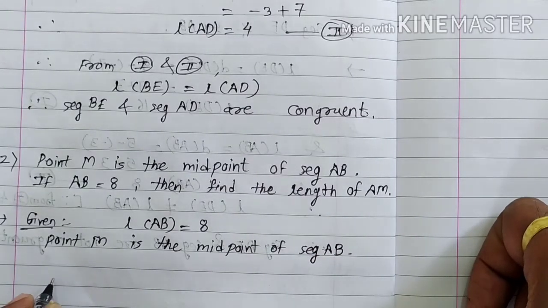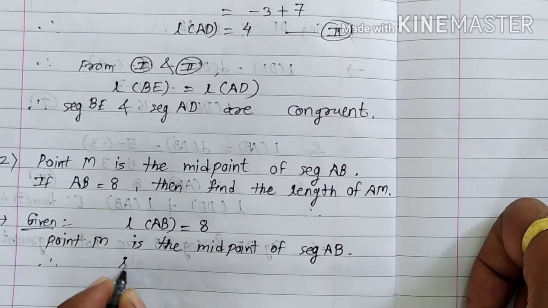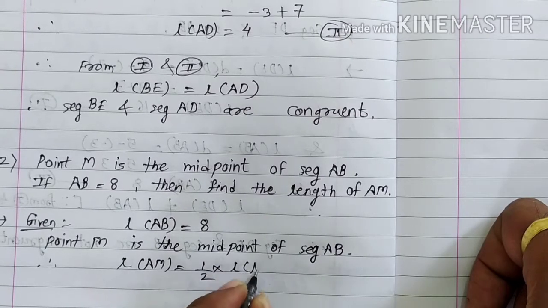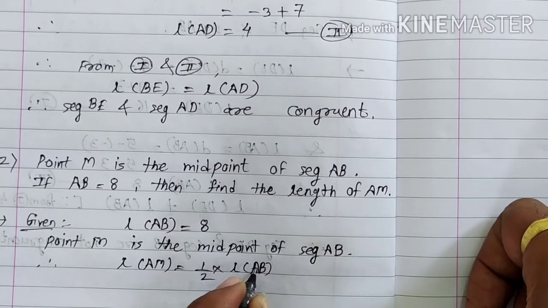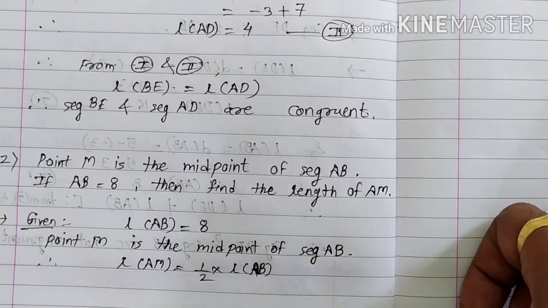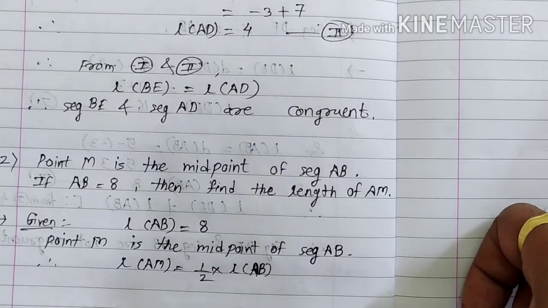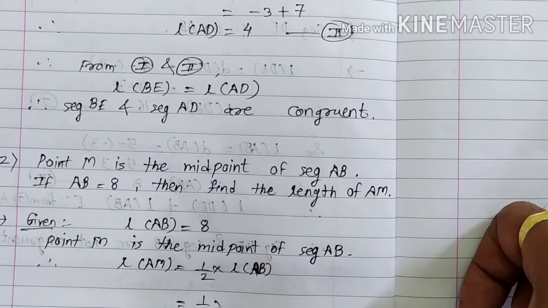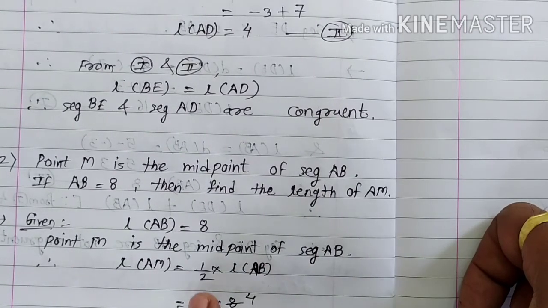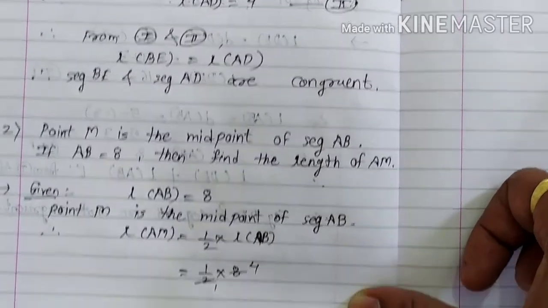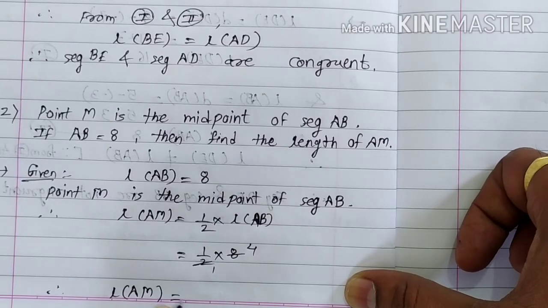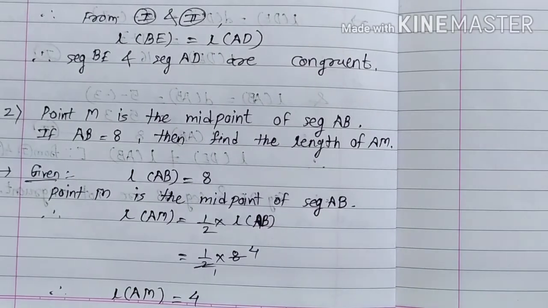If it is a midpoint, then length of AM equals 1/2 into length of AB. Putting the values, 1/2 into 8, 2 1s are 2, 2 4s are 8. So we get the length of AM, that is 4.